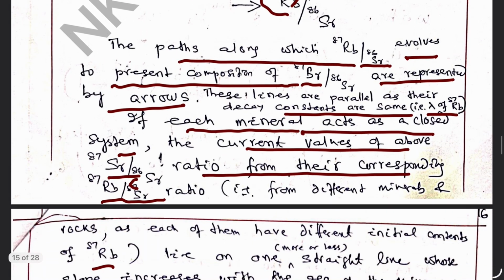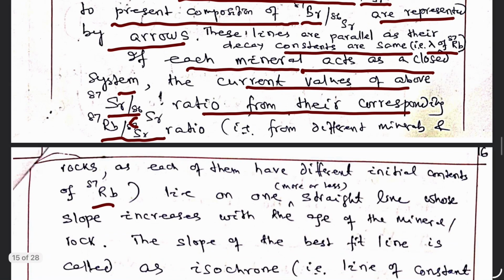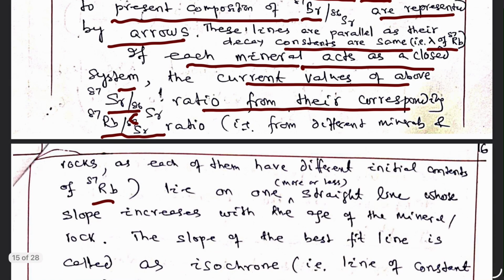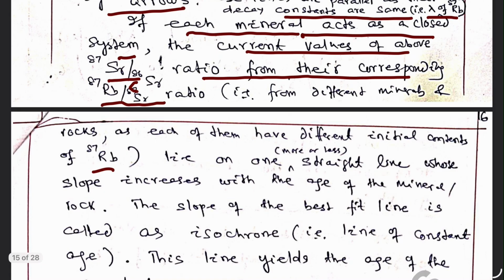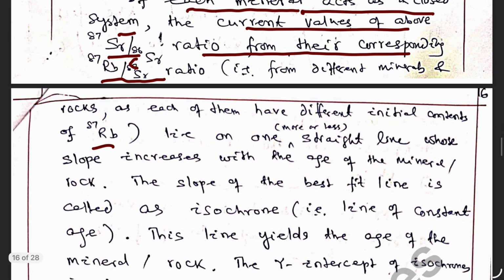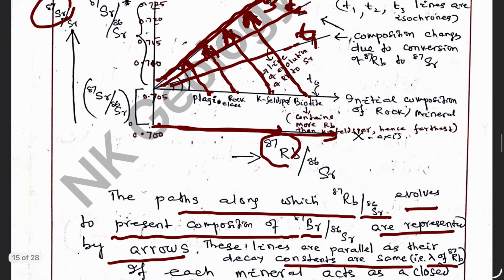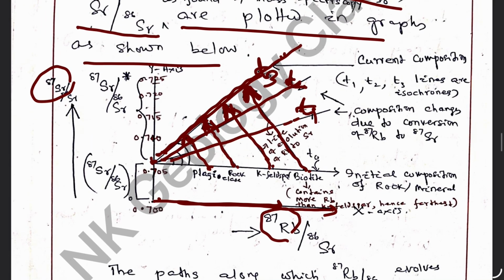meets the ordinate at a point which gives the original value of strontium 87 in the rock, that is, strontium 87 at the time of the origin of the mineral. So this point is the intersection point.